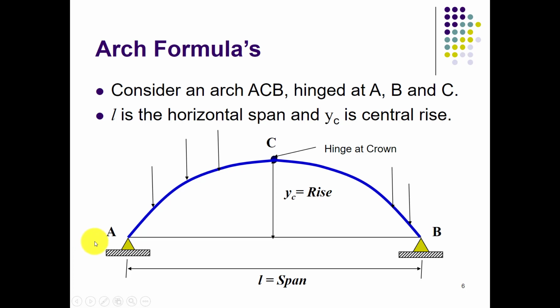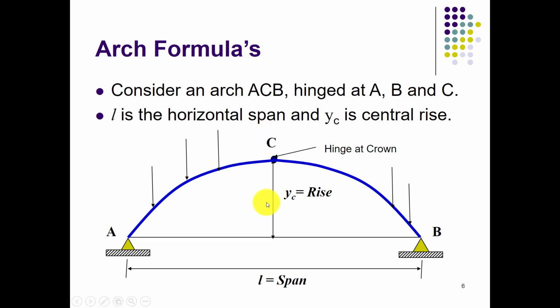The general procedure adopted to solve this determinate structure is, first you take sigma Fy equals 0, so AY plus BY equals the sum of the vertical loading which has been imposed. And afterwards you take the section at point C and determine the moment at C.